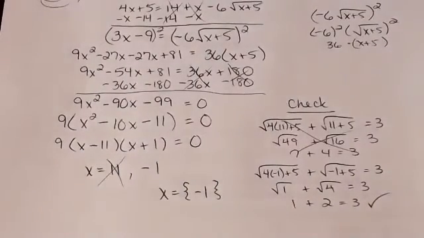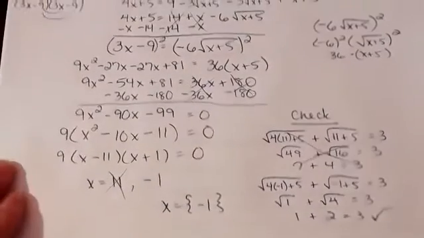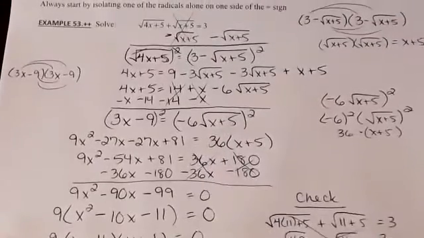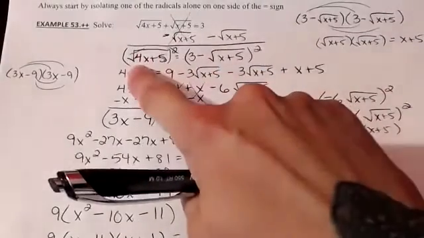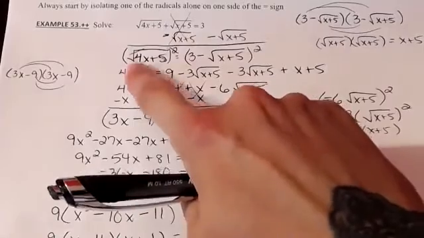And that's it. So it's definitely a pretty massive problem. But again, it's totally manageable if you understand the steps involved with solving radical equations. Isolate one of the radicals on one of the sides, and sometimes you have to do both sides, and that's okay. And then use the opposite operation to cancel the square root, which is to square.